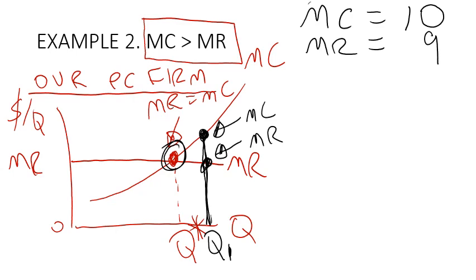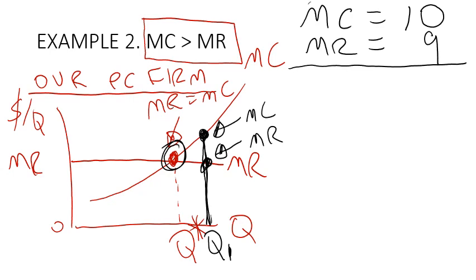Marginal cost 10 is greater than marginal revenue 9. Okay? So, was it a good idea for the company to overproduce? Well, no. So let me phrase the question to show you why the firm's production level here is too high.